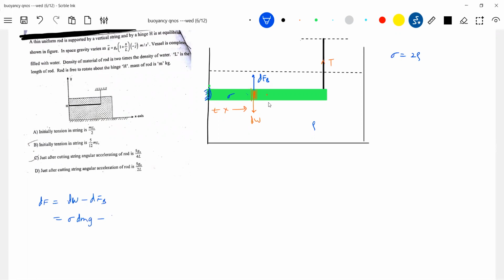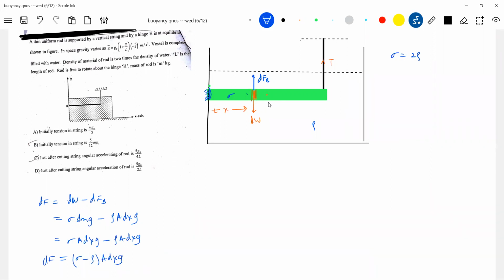What about the buoyant force? Rho into volume immersed, and volume immersed is area of cross section A into dx, into g. And dm is A into dx. So definitely we can write (sigma minus rho) A dx into g.